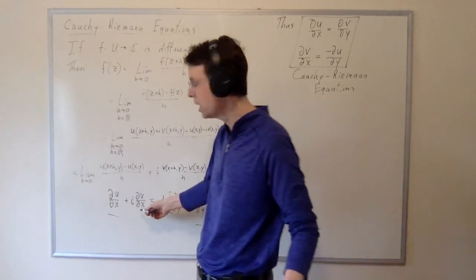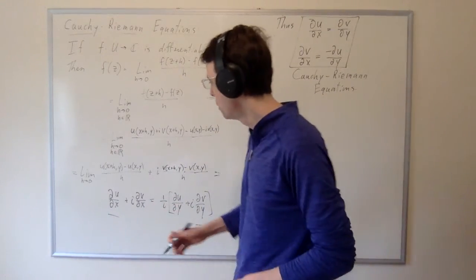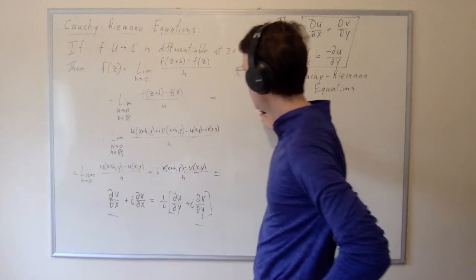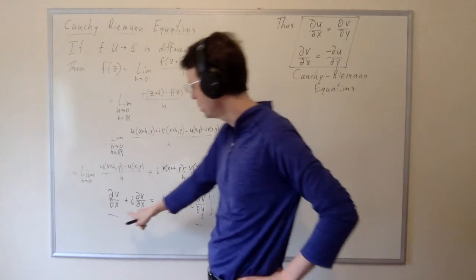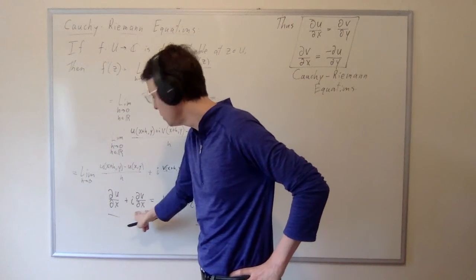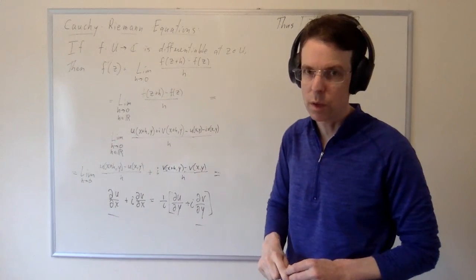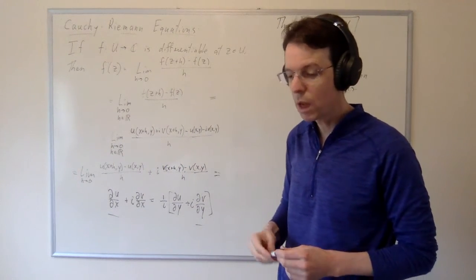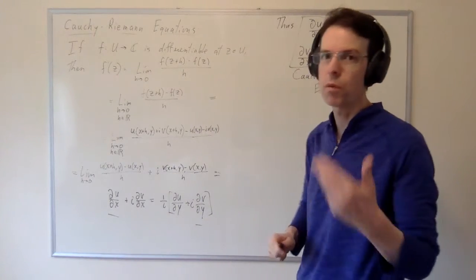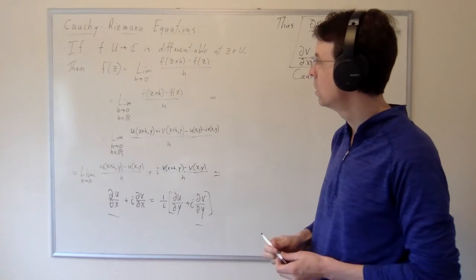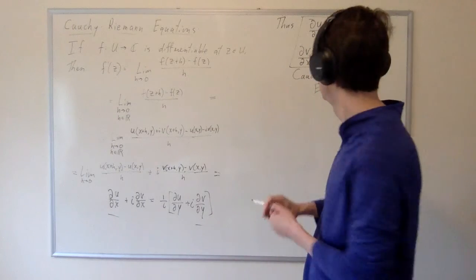If the derivative itself is differentiable, then not only do u and v satisfy the Cauchy-Riemann equations, but du dx and dv dx also have to satisfy the Cauchy-Riemann equations. And that's kind of interesting because that means that we get second derivative information. That is, provided that f prime prime exists.